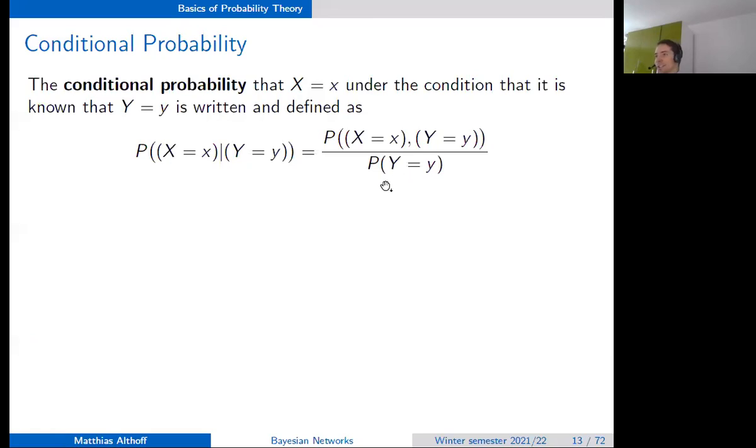And of course, as you already see, this is always a little bit silly. We always say the random variable Y has the value y. Later on, we will not use this notation anymore, but this is mathematically the cleanest way of introducing probabilities. We will use a simpler, more compact notation later on.